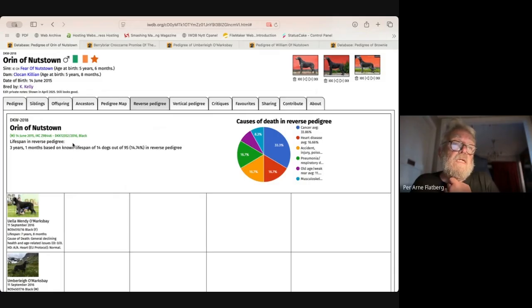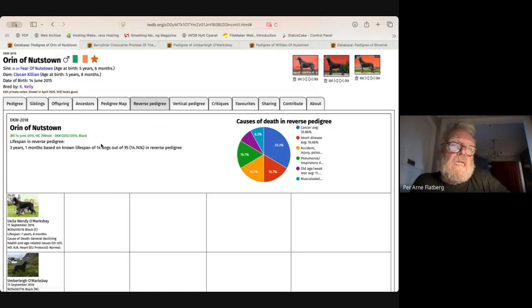What we'll see here is that we have lifespan information of 14 of the 95 descendants of Orion, and the average there is only 3 years and 1 month, which is disappointing to me, and would probably make me reconsider if I wanted to use him as a stud dog.